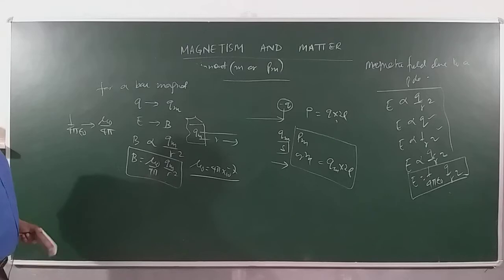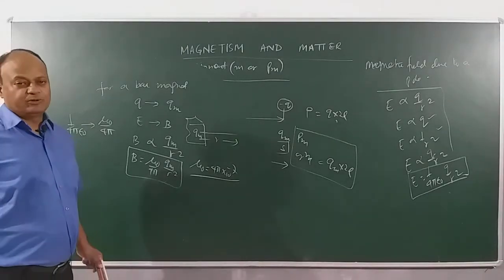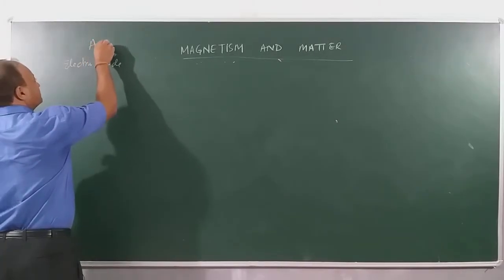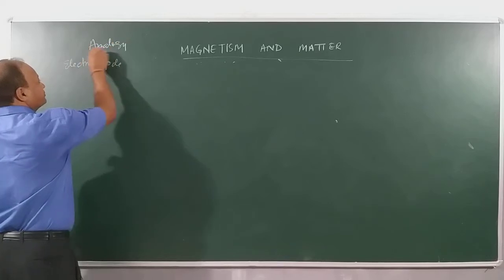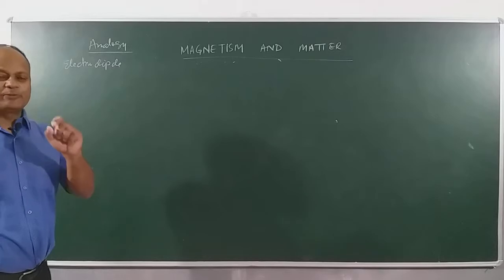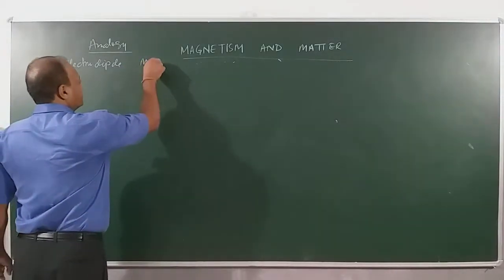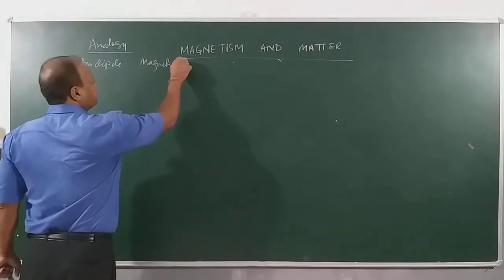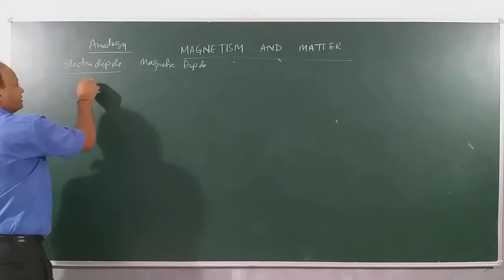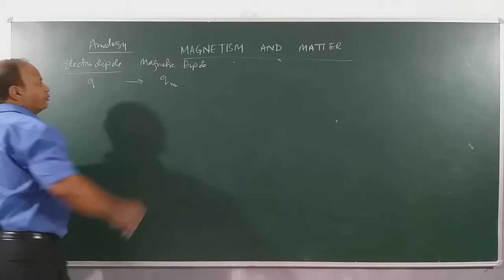So let us write this analogy or similarity between electric dipole and a magnetic dipole. We will be seeing analogy between electric dipole and magnetic dipole. When I am saying magnetic dipole, I am talking about a bar magnet. Let us see what the similarity is. If I use charge here, then the equivalent quantity is pole strength.